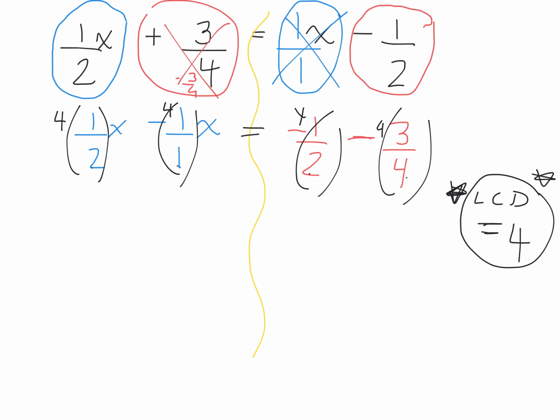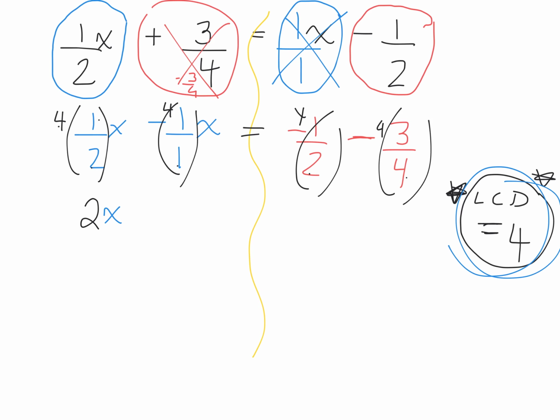What is 4 times 1/2? So 4 times 1/2 means 4 times 1/2, right? 4/2 equals 2. So that becomes 2x. By multiplying it by the lowest common denominator, you're going to see we're actually getting rid of all the fractions.